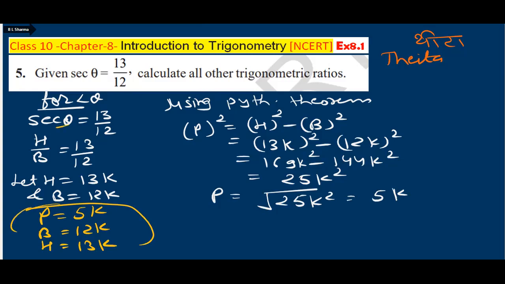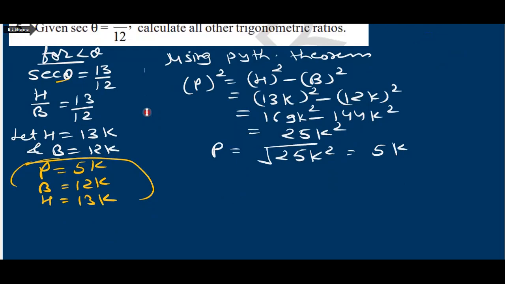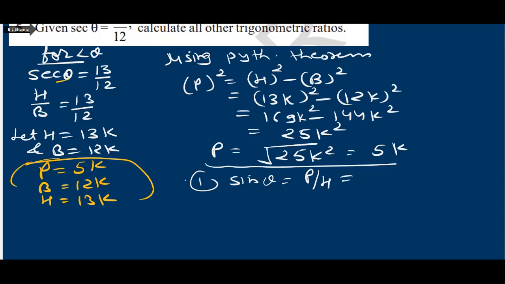अब हमें सारे के सारे trigonometric ratios find out करने हैं using this. So now you can write here that number one, first sine theta, that is perpendicular upon hypotenuse, so that is 5K upon 13K, K and K cancel, that is 5 upon 13, answer.